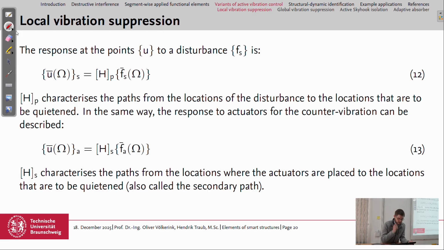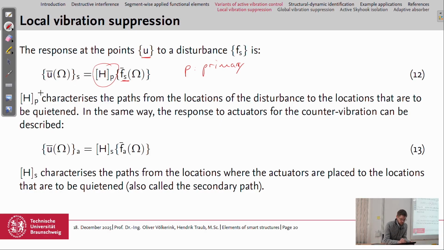So coming back to local vibration suppression again, when we want to calm down more than one point, we can write the deflection u at several points as a vector, and have this transfer function HP as a matrix for the primary path. The primary path is from the disturbance to the positions we want to calm down the structure.